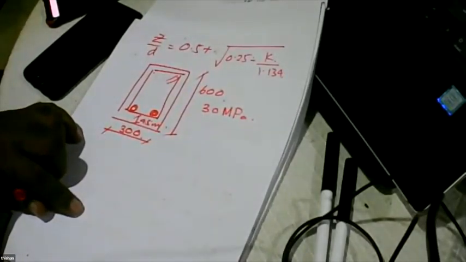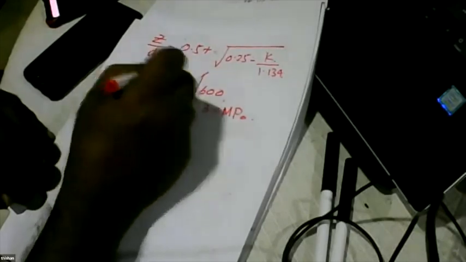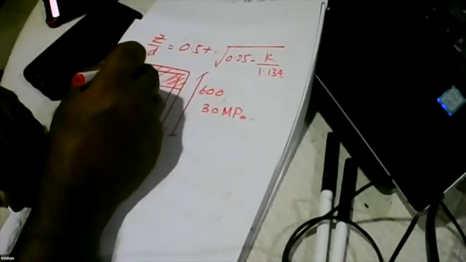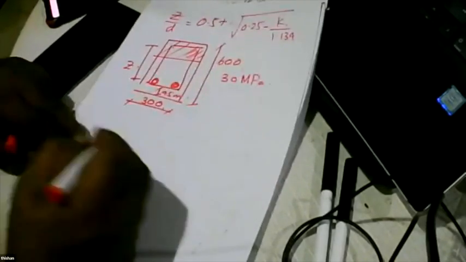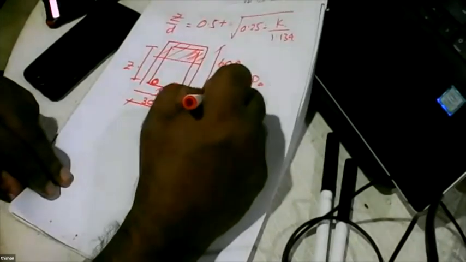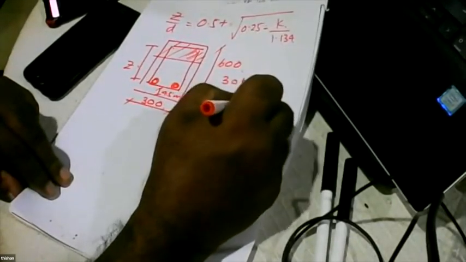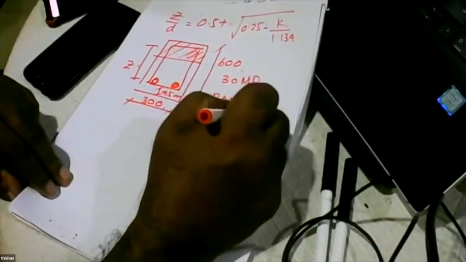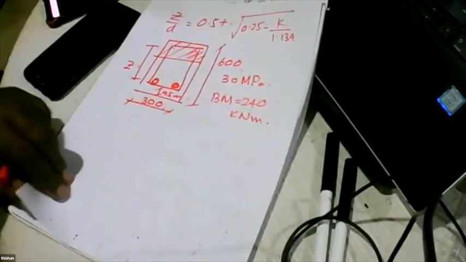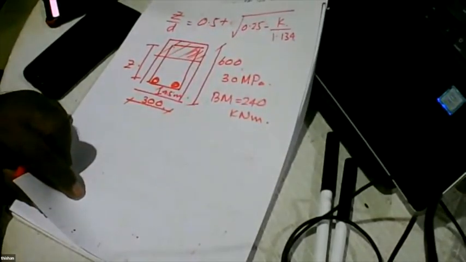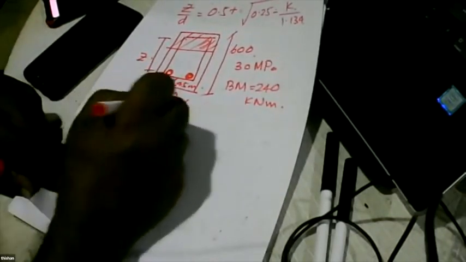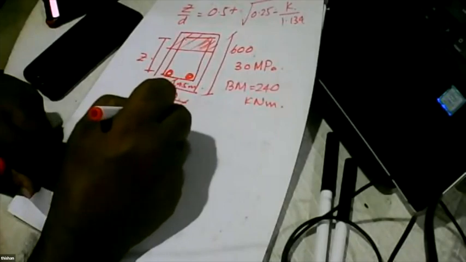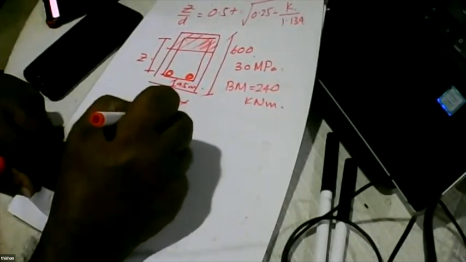Now the most important thing is to find what is this depth and what is Z. Now to find Z, we have an equation, but there you can get this K factor. So the bending moment is 240 kilonewton meters. So the bending moment is also known. What you do is first find K is equal to M over FCK B D squared.